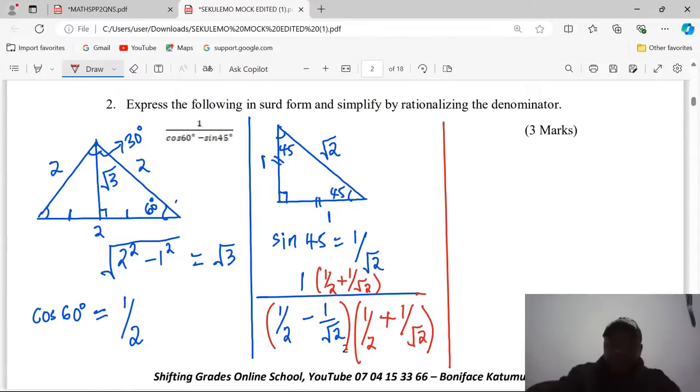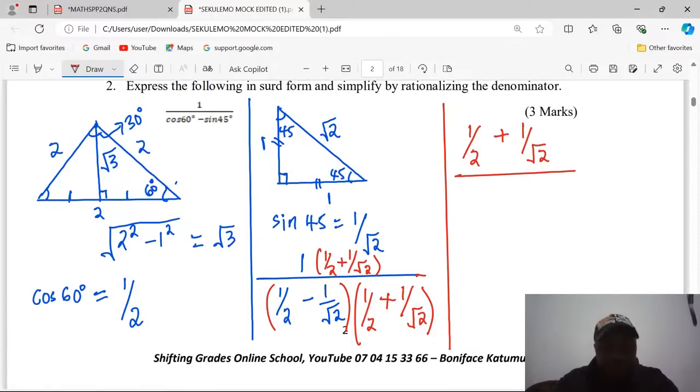In the numerator we shall have half plus 1 out of the square root of 2. The denominator, any surd multiplied by its conjugate, is a difference of 2 squares, so we take the first term squared minus the other one squared.